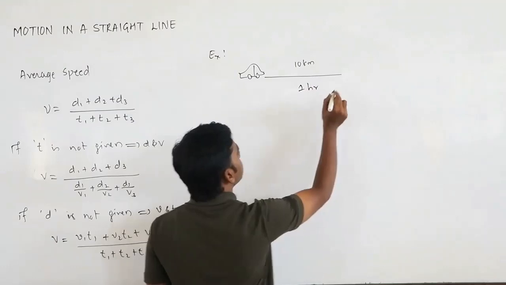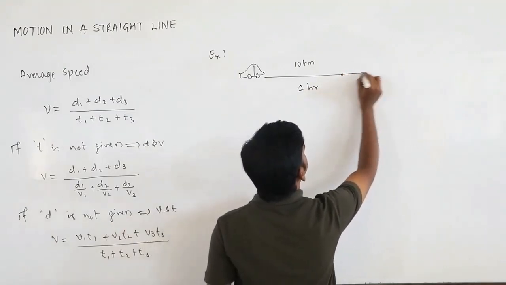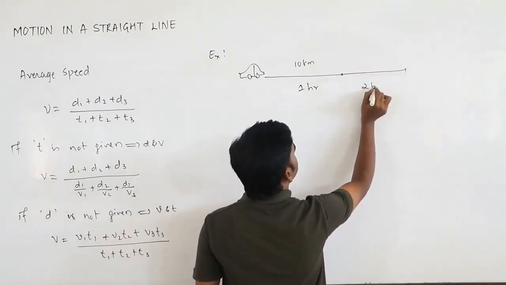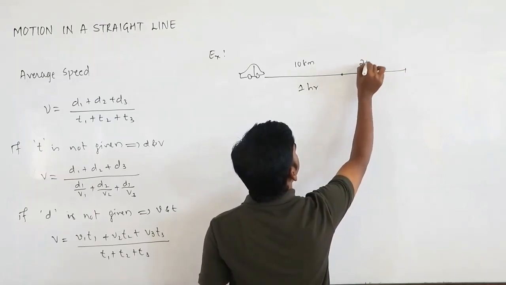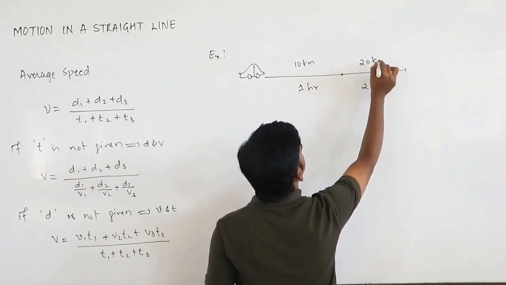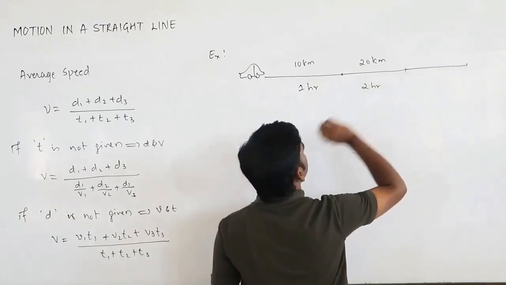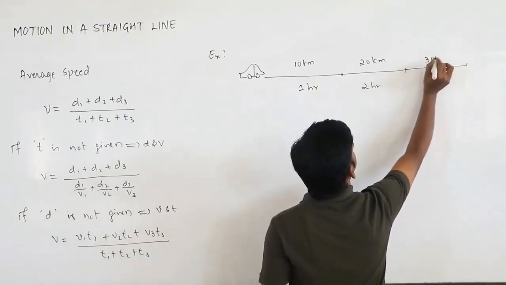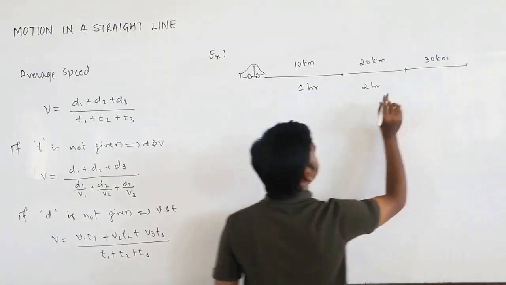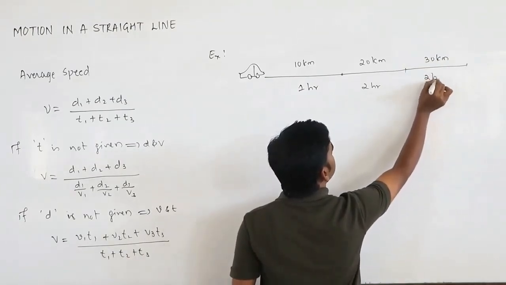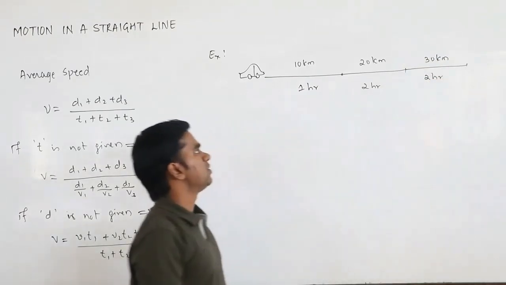Okay, 1 hour. Then in 2 hours, it will travel some 20 kilometers. Again in the third phase, it will travel some 30 kilometers. Again it will take the same 2 hours only.